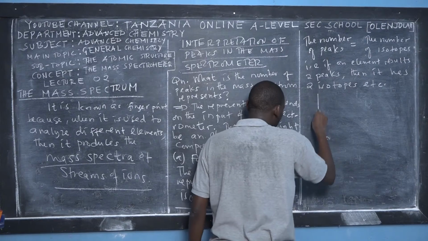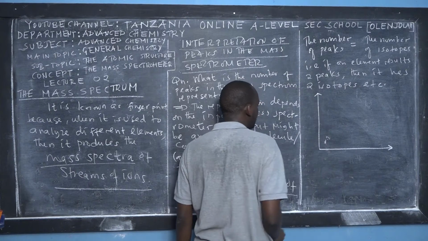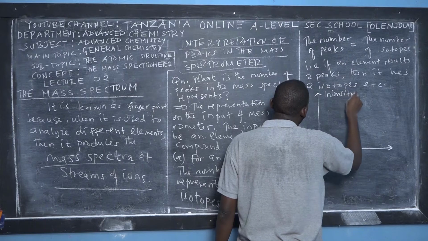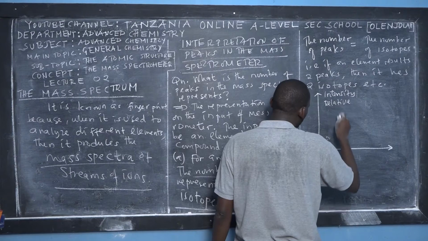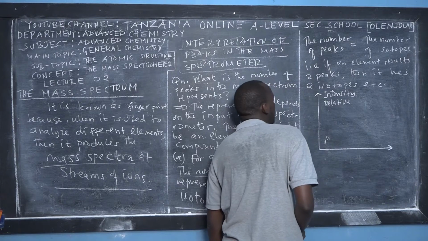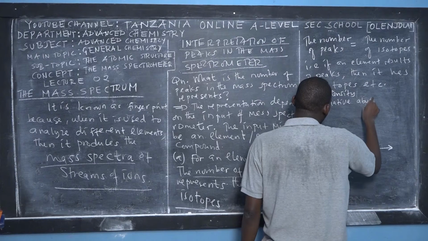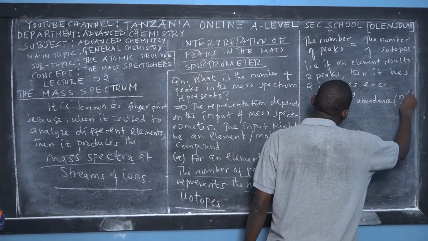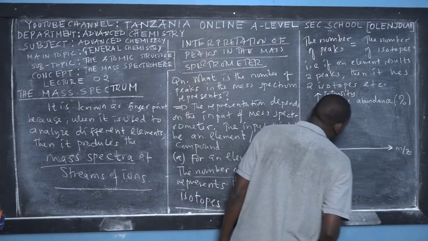So then the representation, or the structure of the plot for an element, which is actually what you have to cover, is this. In the y-axis we represent the peaks with the physical quantity known as intensity or relative abundance, and this relative abundance is expressed in percentage. And then here we have the mass to charge ratio, which I've mentioned frequently.